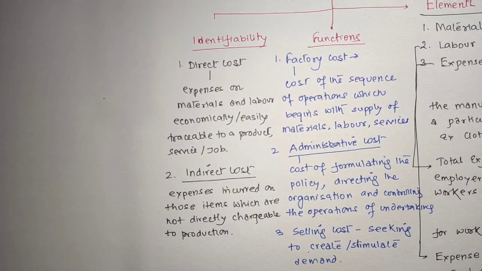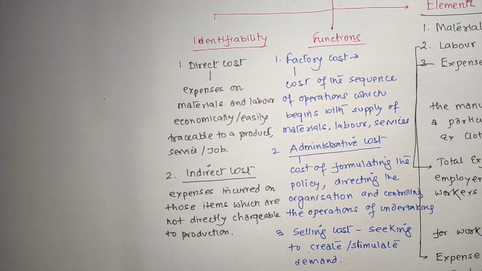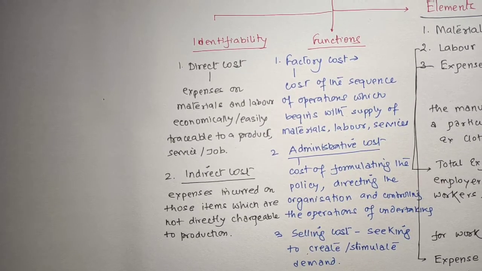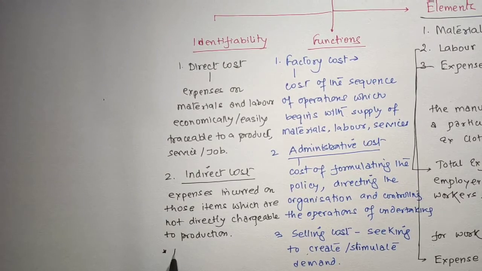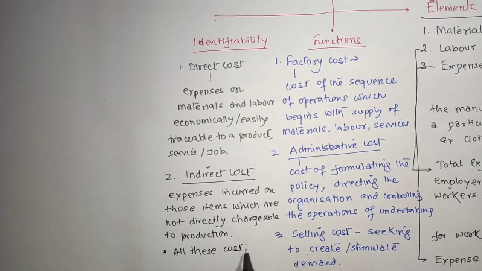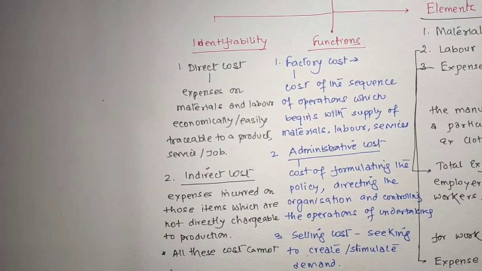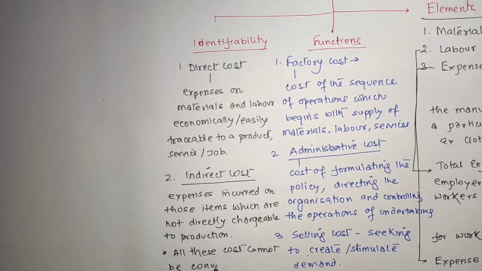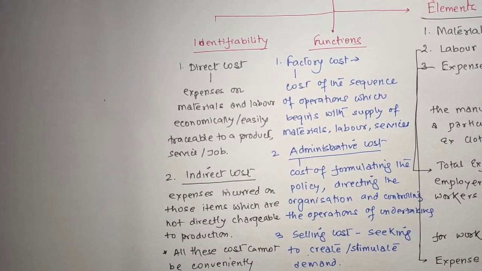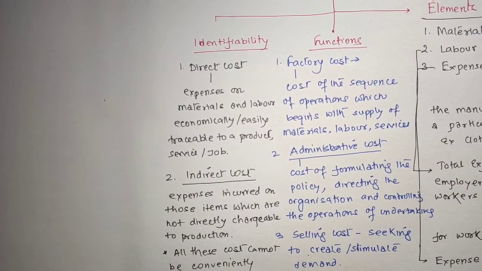Example, in case of production, salaries paid to the timekeeper, storekeeper, foreman. Okay, these are all indirect expense, indirect cost, and all this cost cannot be conveniently allocated to production.